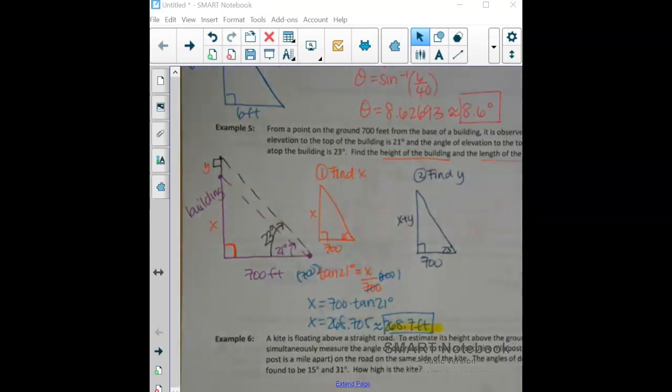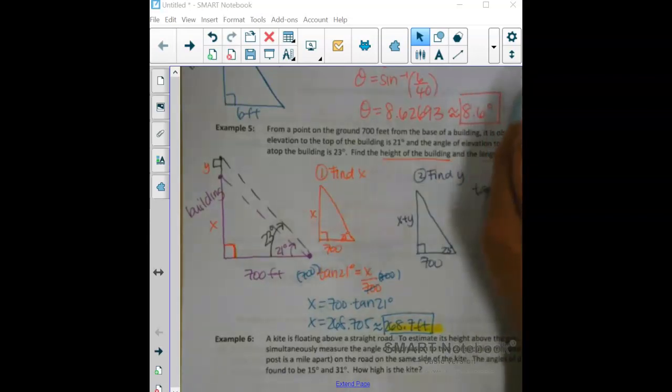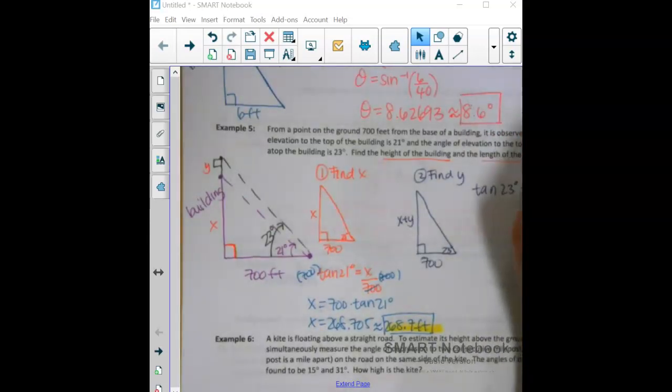Especially if you're going to use the big triangle, you have to include x. Okay, so looking at what I have, Valeria, which trig function should I use? Sine, cosine, or tangent? Say it again. Tangent. Let's use tangent of 23 degrees is going to equal opposite over the adjacent, which is 700.